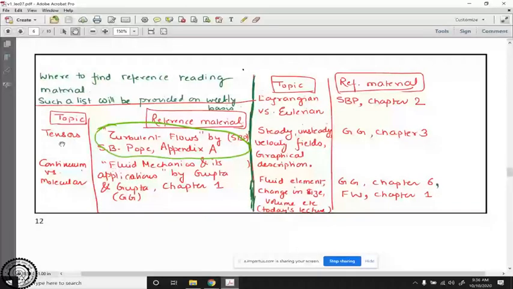So we covered tensors, and I would suggest that for tensors, if whatever I have taught you is clear, you are able to handle the assignment 5 questions, then I would say for tensors, you don't bother about going to other books because tensor notations, underbar, double bar, are very different in different books, and I think you will unnecessarily get confused further. So if you are clear, then don't go to any books.